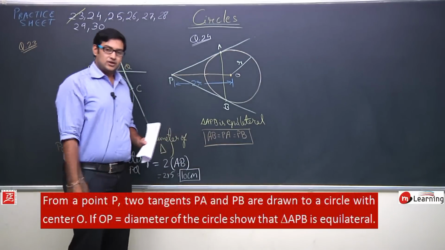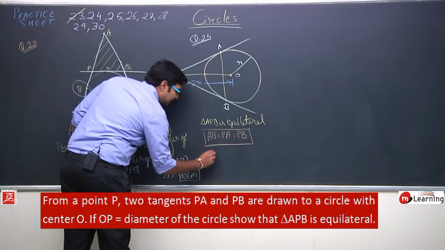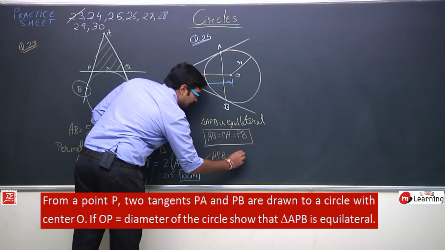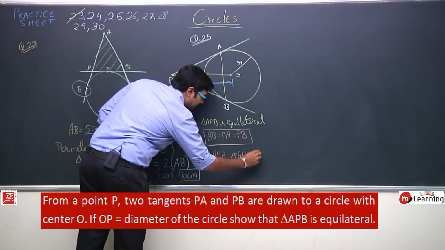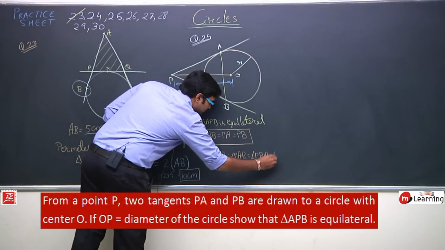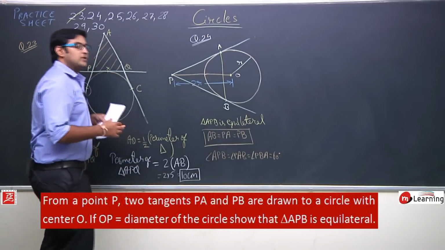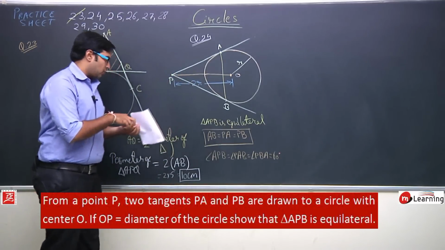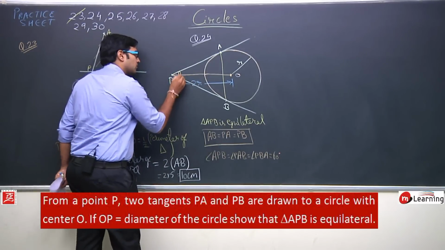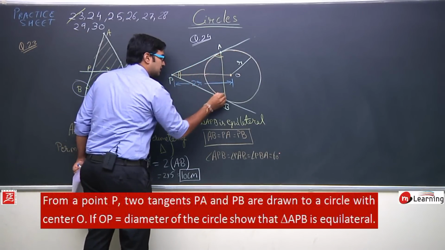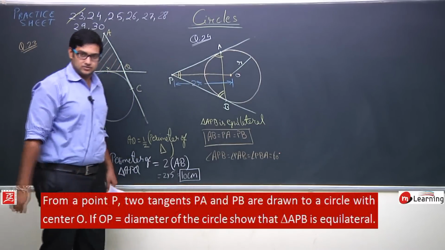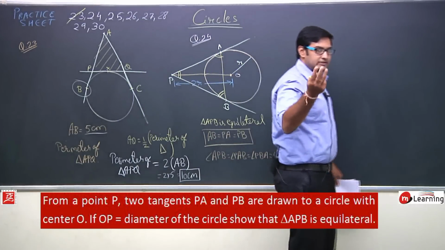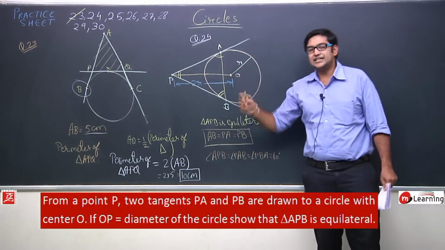Or if I prove that angle APB is equal to angle PAB is equal to angle PBA is equal to 60 degrees, if somehow I prove that all these three angles formed are 60 degree angles, because an equilateral triangle contains three angles which are equal, that is 60, 60 and 60.